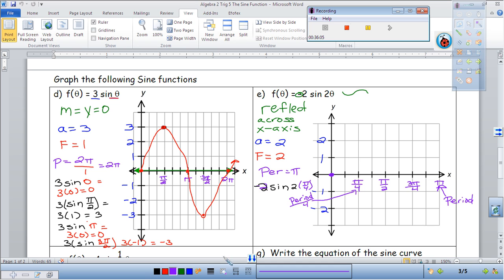So you can cancel it out. 2 can go into 4 2 times. So you get -2 times the sine of pi over 2.